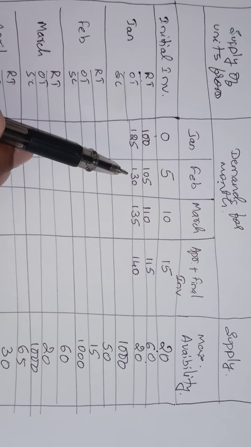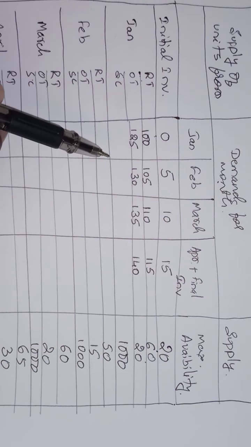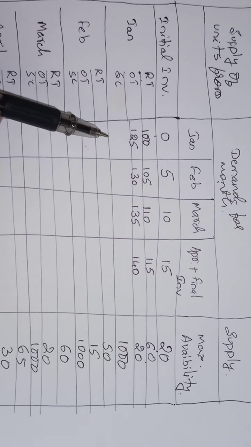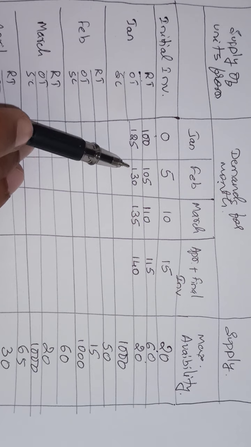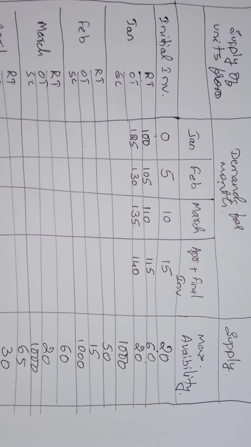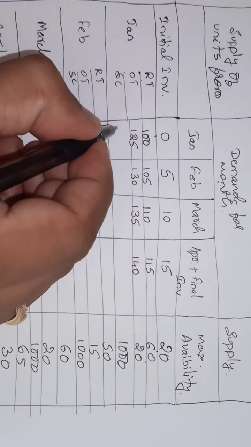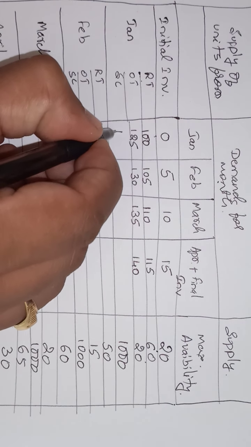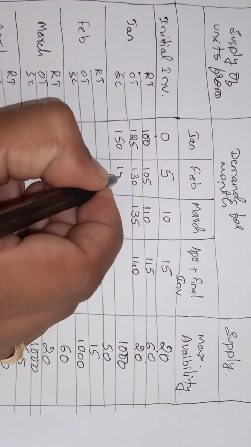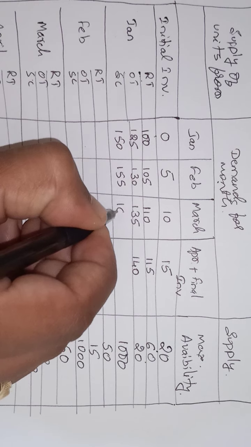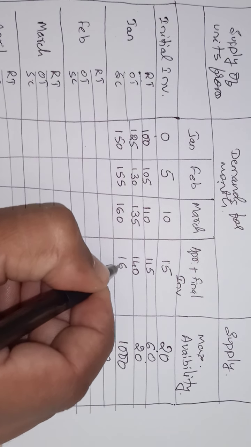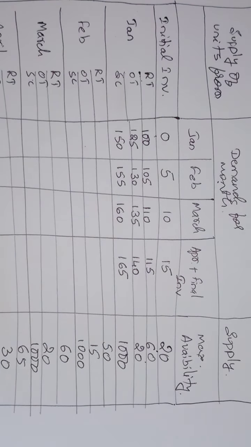So the carry forwarding cost they have given is an extra 5 rupees per unit. So we are adding 5 rupees whenever it is transferred to the next month. So from subcontracting they have given 150. So here 155. 155 plus 5, 160. 165. So this is clear.